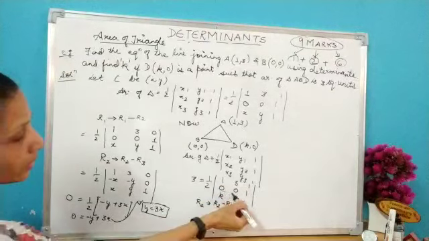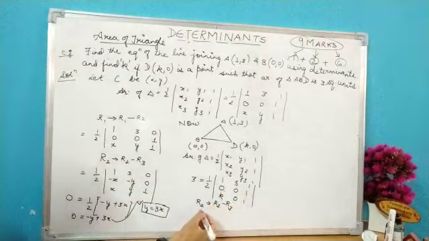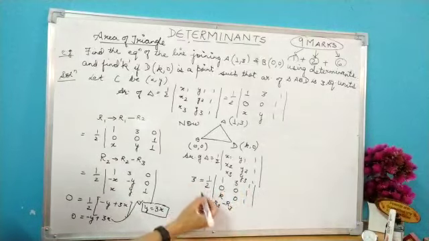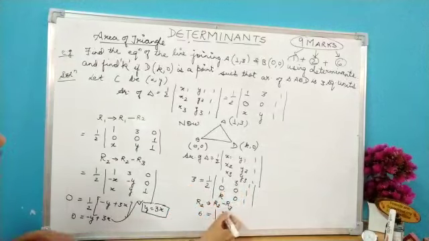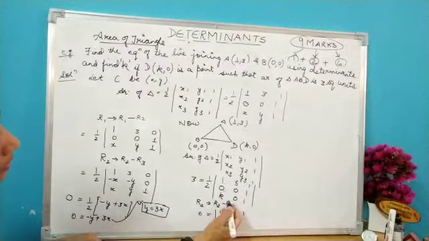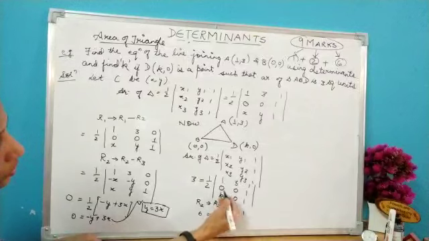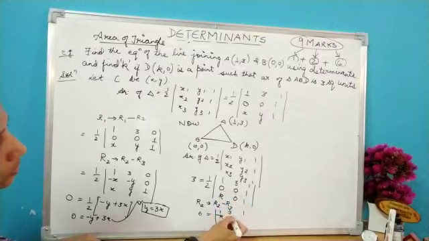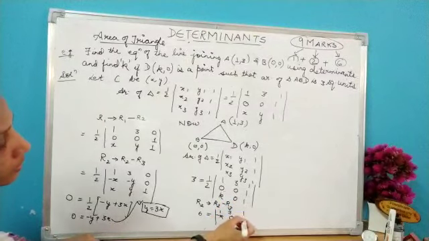So, one complete row will become 0. So, it will give me 3 into 2 is 6 equals, this will be 1, 3, 1. Again, R2 minus R3, 0 minus k will be minus k, 0 minus 0 will be 0, 1 minus 1 will be 0, and this will be k, 0, 1.